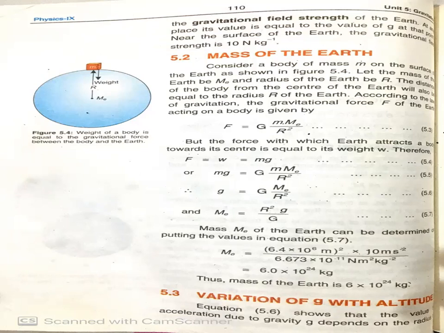In this case, there are two bodies: one body is the earth and the other body is m. So I will write the force of attraction between these two bodies, and the distance between them is capital R. So F is equal to G m ME divided by R square will be my law of gravitation for figure 5.4.